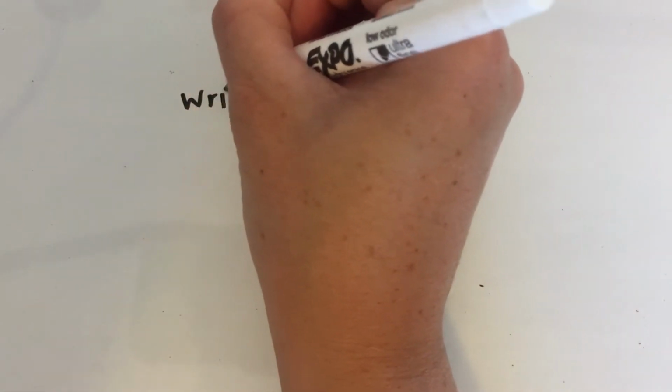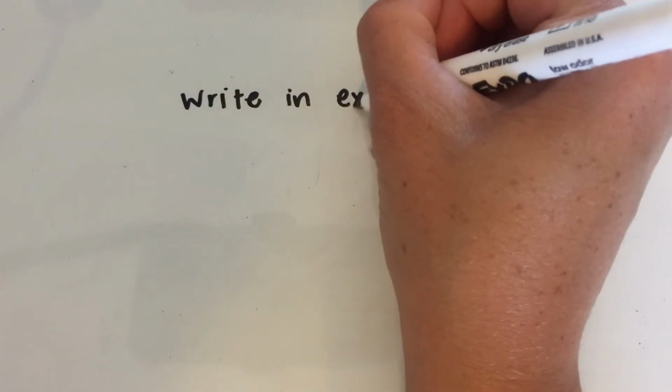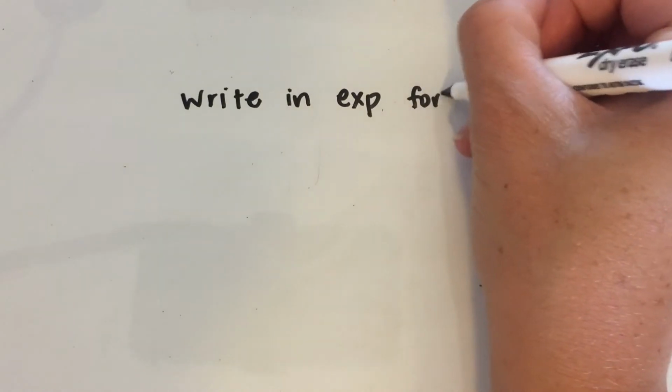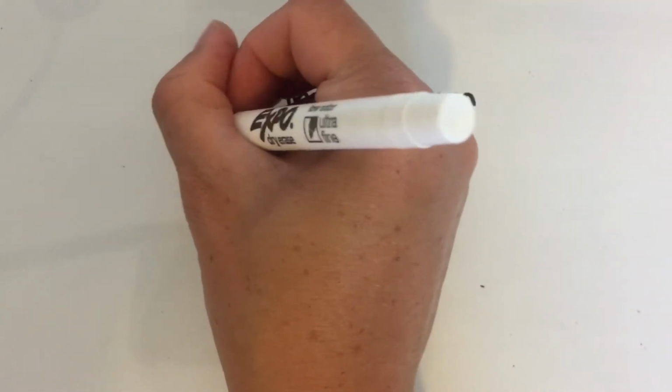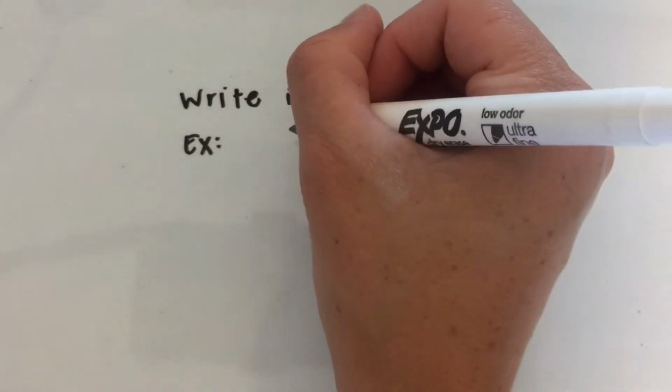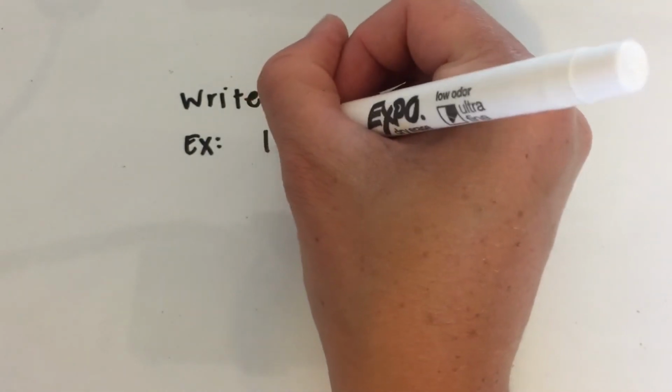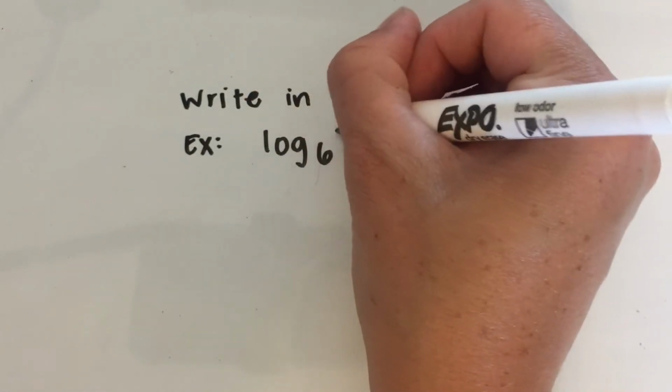Now in these next two problems, I'm going to do the opposite. I'm going to start from logarithm form and convert it to exponential form. So my first example is log base 6 of 36 equals 2.